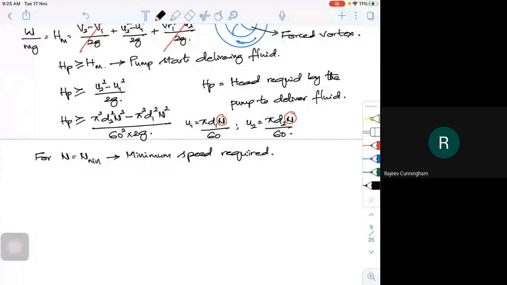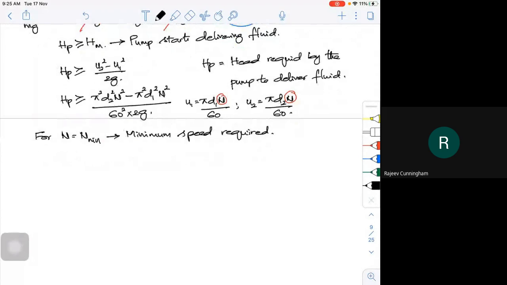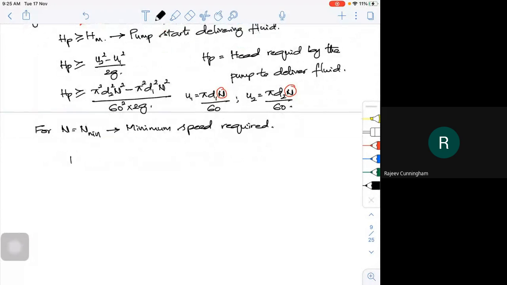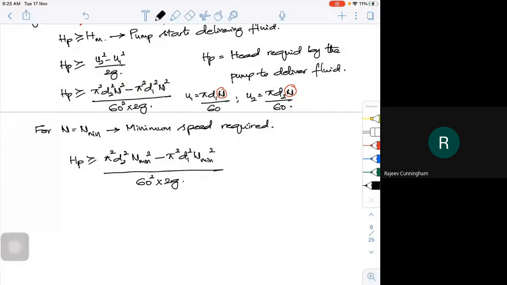So I will try to substitute this in terms of n minimum. So I will write HP is greater than or equal to pi square d2 square n minimum square minus pi square d1 square n minimum square divided by 60 square into 2 into g.